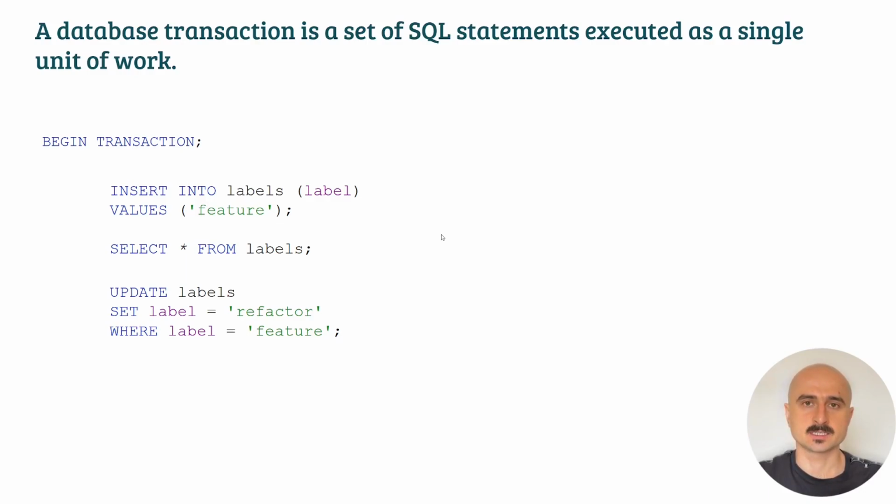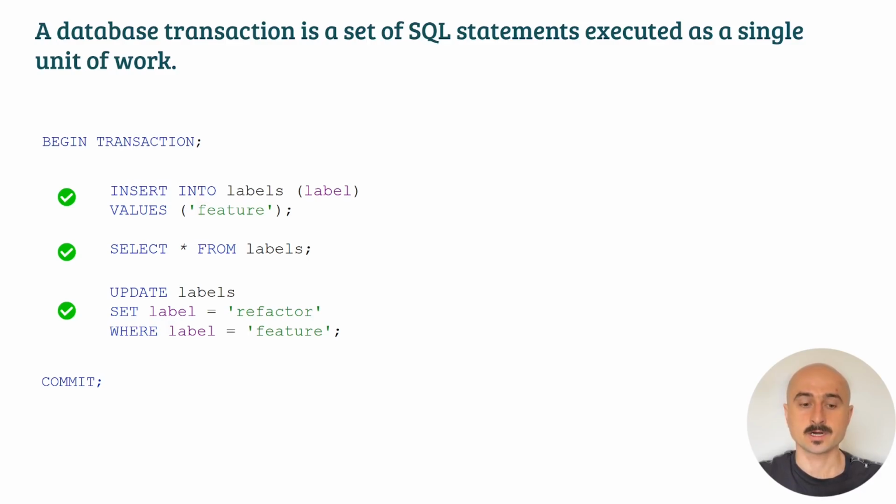The first one is we commit a transaction, and the way it works is that we execute a commit SQL statement, and what it does is that all the SQL statements that are part of a transaction, or in other words, all the SQL statements that were executed after the begin transaction and before the commit, in this case insert, select and update, all of those will be saved to the database, meaning they will be permanently stored in the database on disk.